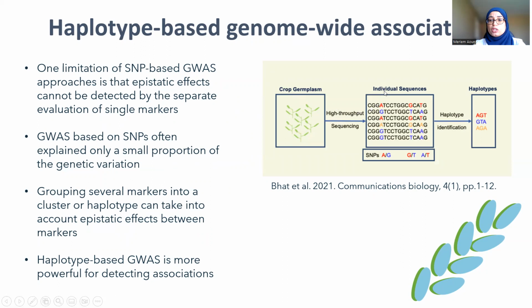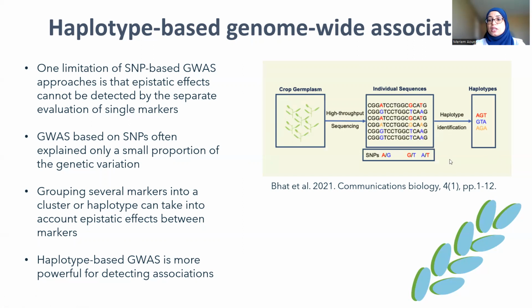In this figure, I am showing you an example of 6 individuals where each highlighted column corresponds to a SNP. And then the haplotype will be a group of these 3 SNPs. So in these individuals, we can detect 3 haplotypes: the red, the AGT, the GTA, and the orange haplotype, the AGA haplotype.